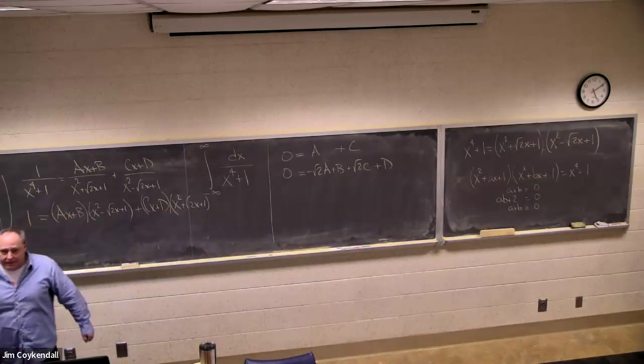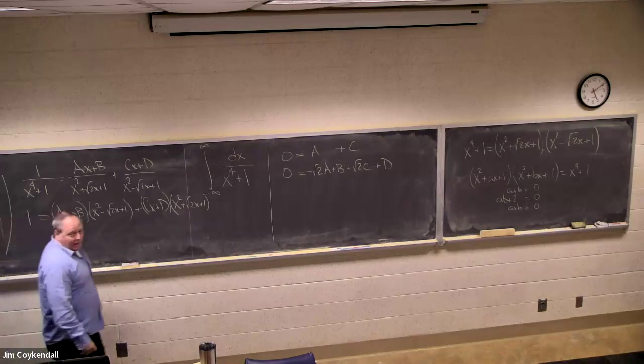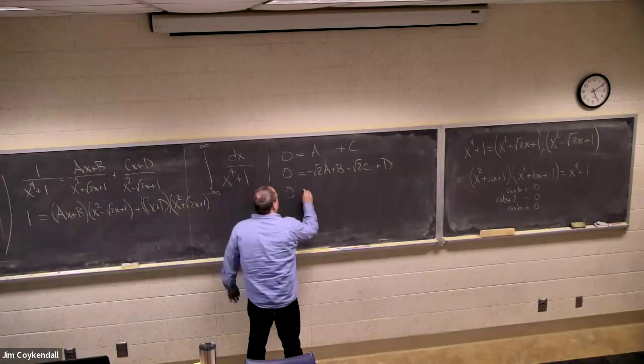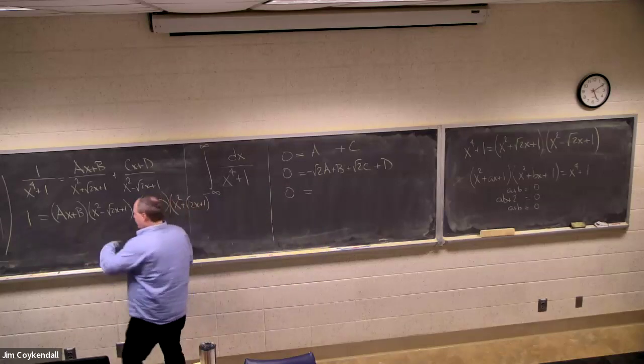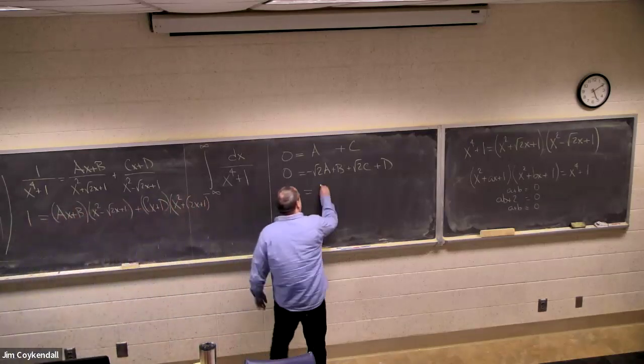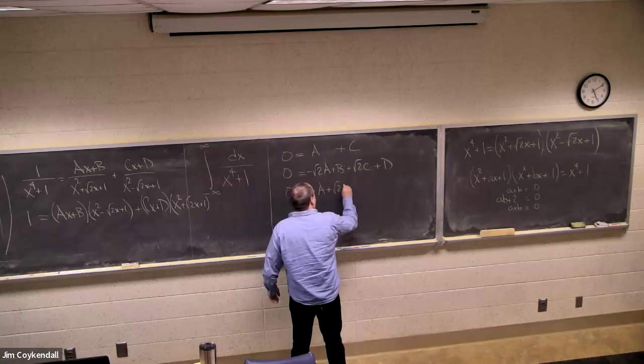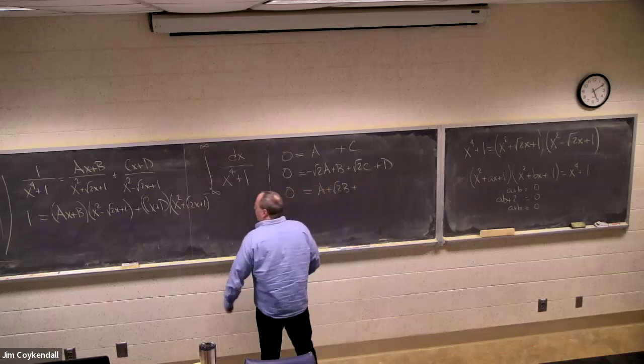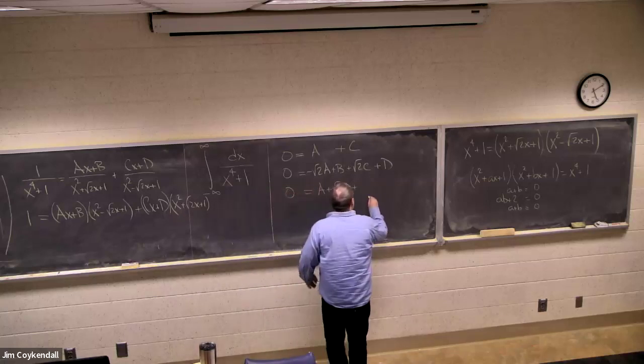Okay, so far? Linear term on this side, 0. Linear term on this side, a plus radical 2b, and c plus radical 2d.